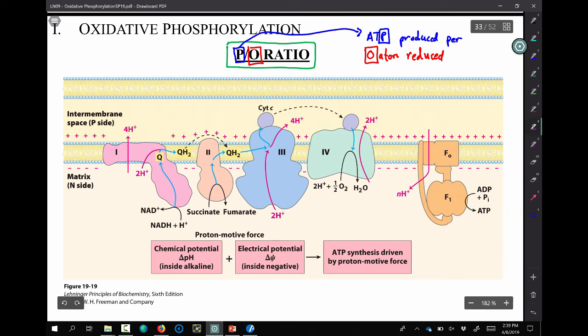To reduce an oxygen atom requires 2 electrons. And those 2 electrons in the electron transport chain, or in oxidative phosphorylation, can come from either NADH or succinate, because that's what really brings them to the chain, slash FADH2, which really is going to be the thing that accepts them from succinate.